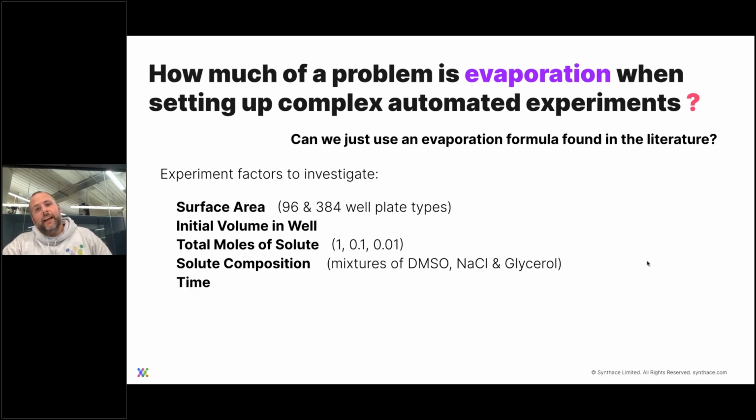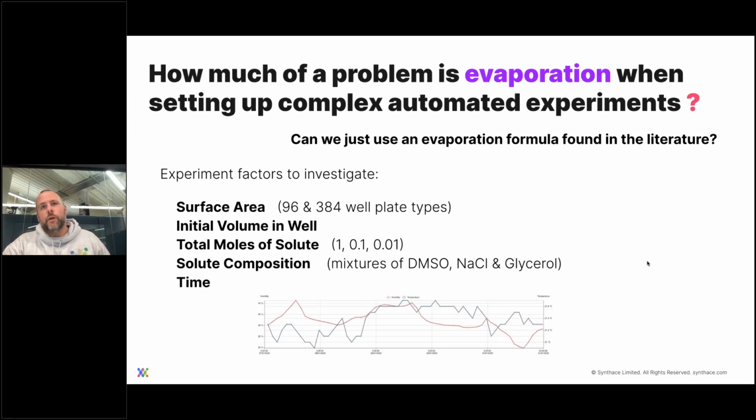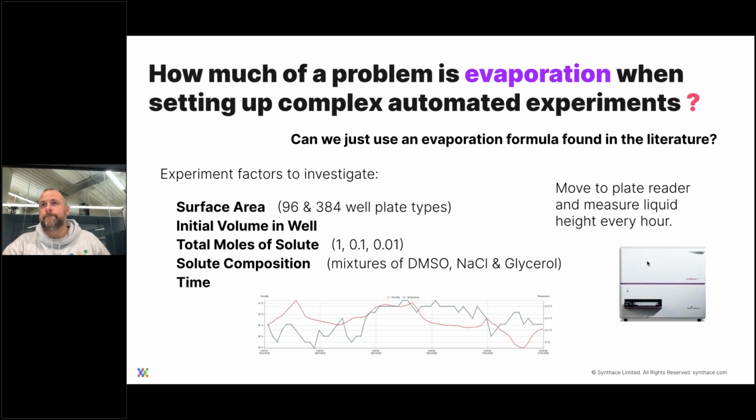We measured this over time, over 18 hours, and we also monitored humidity, temperature, and pressure. And after setting up this plate, we then moved it to the plate reader and measured the liquid height every hour for the duration of the experiment.